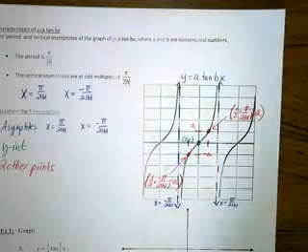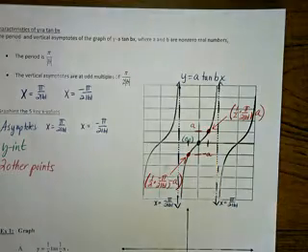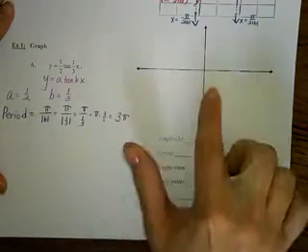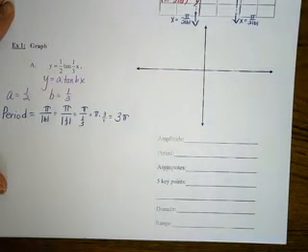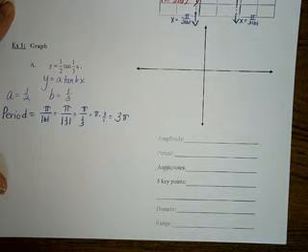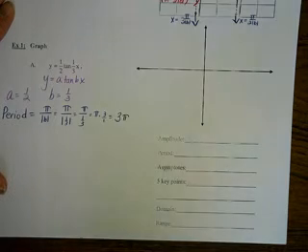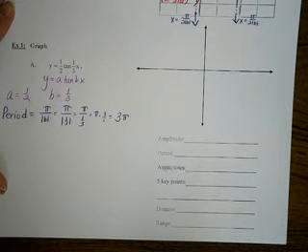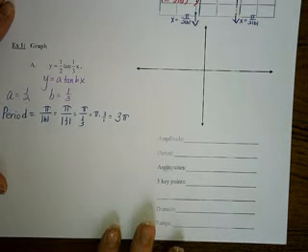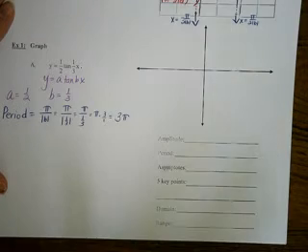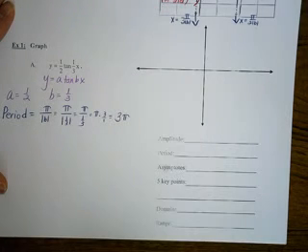Now for tangent, that's good information, and that's something we need to know, but that's nothing that translates onto my graph. Does that make sense to you? The period for tangent is the distance from one asymptote to the next asymptote because that is 1 full cycle of my graph.